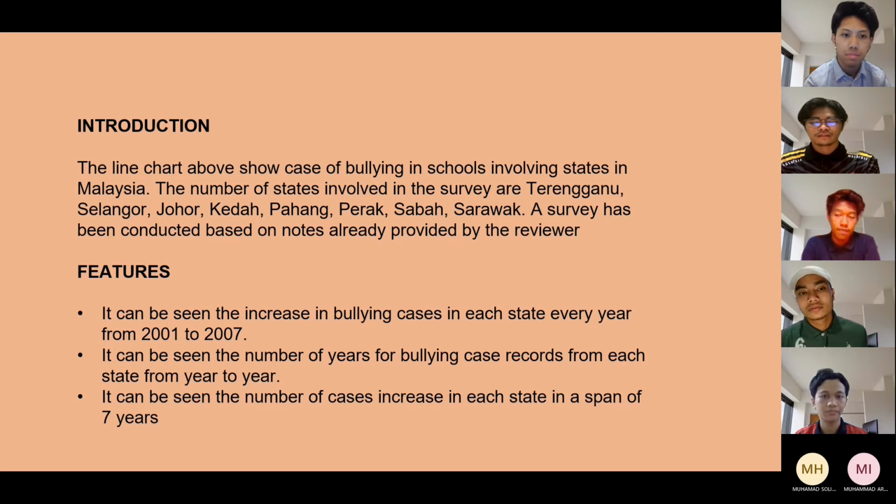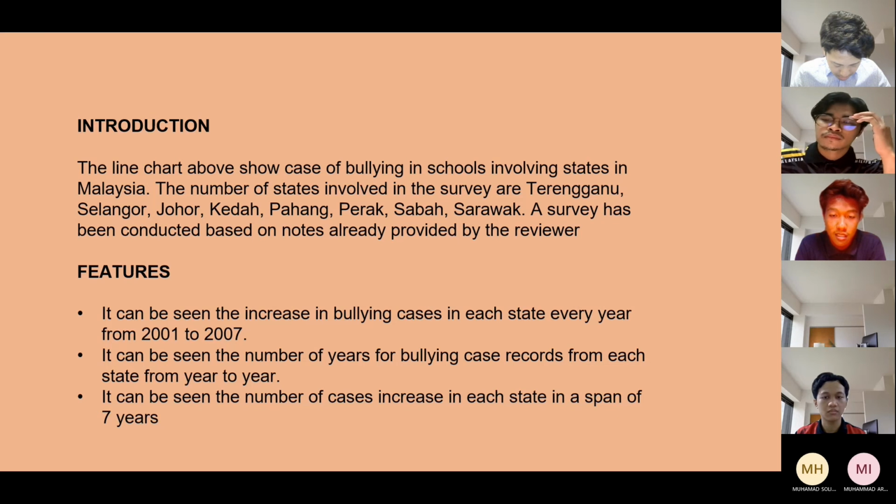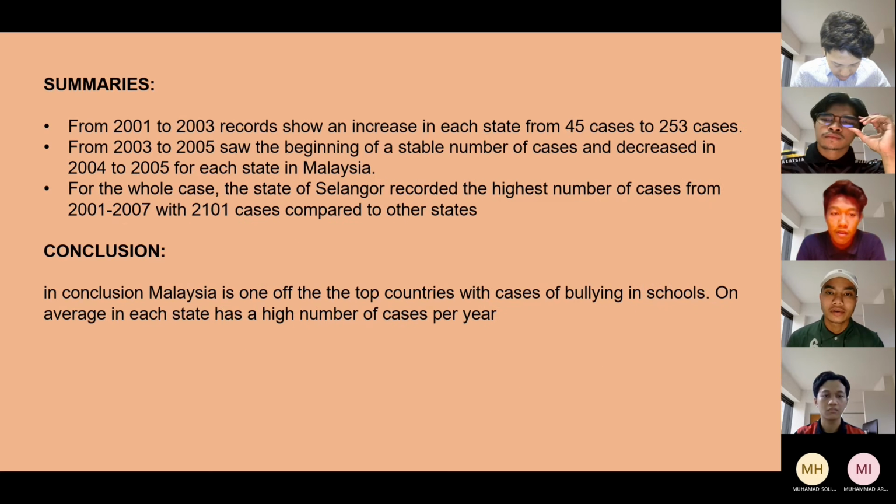So next, features. It can be seen there is an increase in bullying cases in each state every year. It can also be seen the number of years of bullying case records from each state from year to year. Lastly, it can be seen the number of cases increased in each state over a span of seven years.